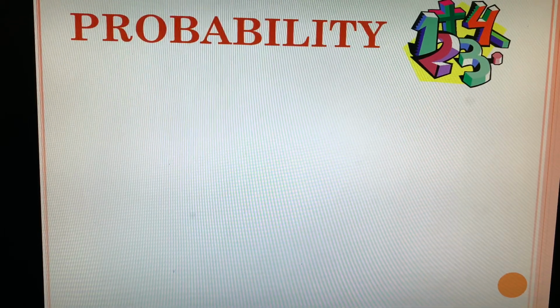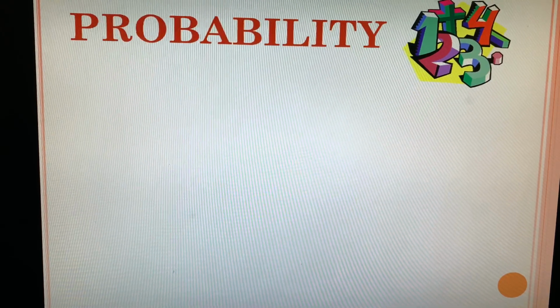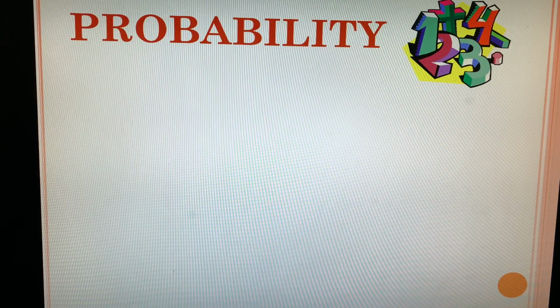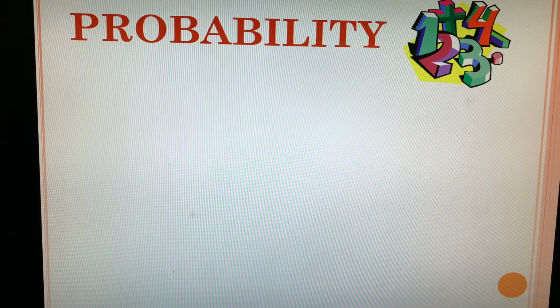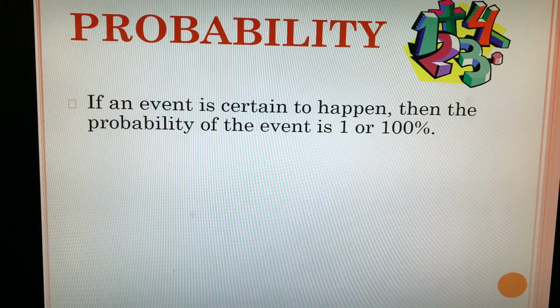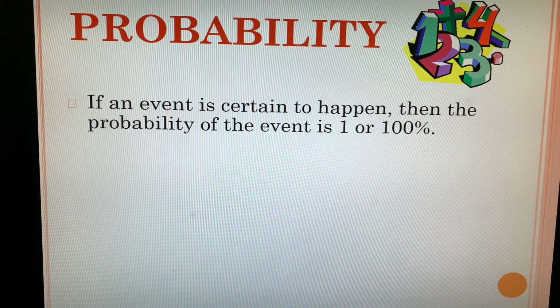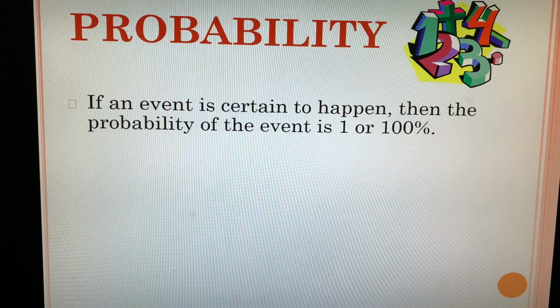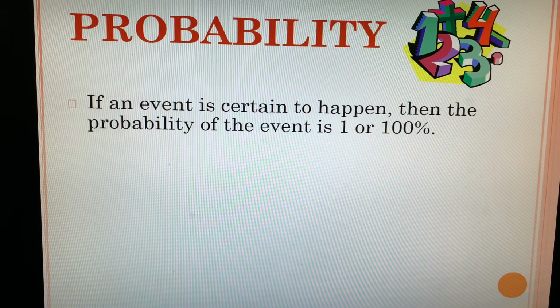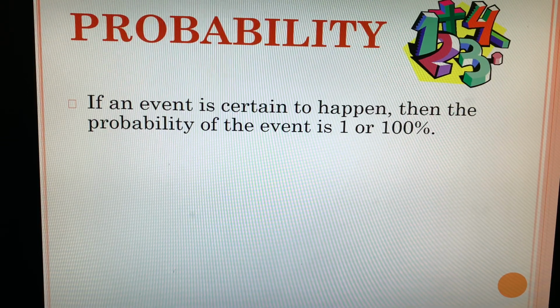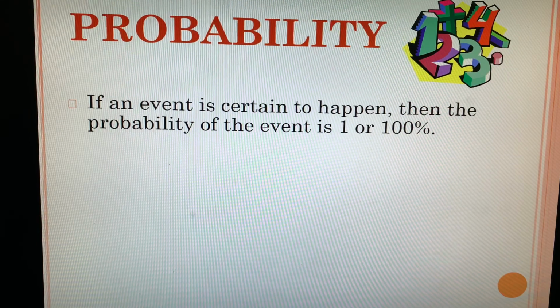Okay, so now let's talk about the likelihood. Remember, the goal today, besides finding the probability of an event happening, is also to find out what is the likelihood of that happening. So let's talk about likelihood right now, and we're going to talk about 3 different likelihoods. The first one is, if an event is certain to happen, then the probability of that event is 1 or 100%.